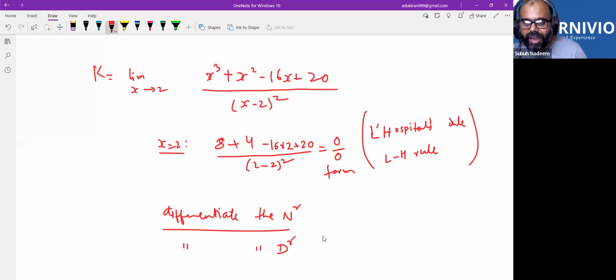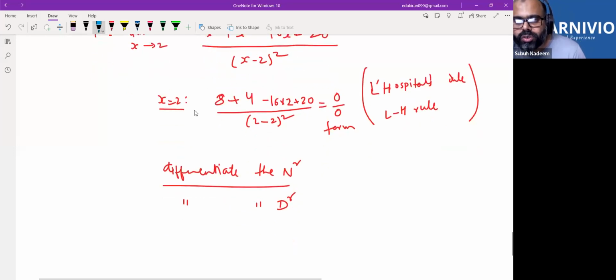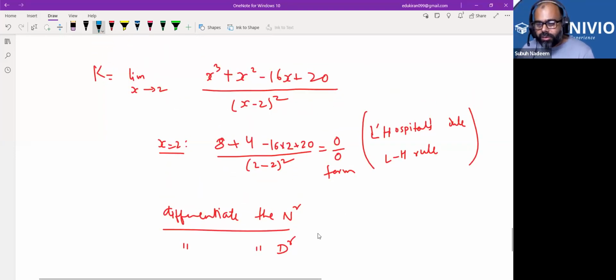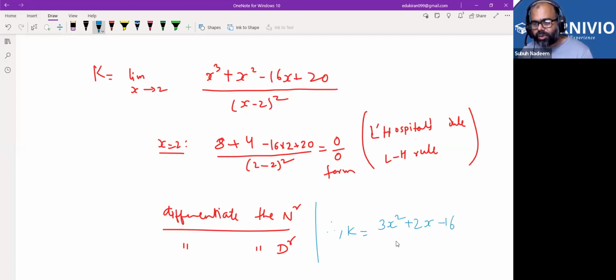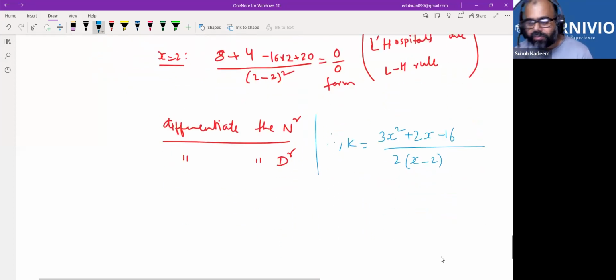If we differentiate the numerator, therefore k is equal to, differentiation of x cube is 3x square, and x square is 2x, minus 16x is minus 16, and 20 is 0. And here it will be 2 into x minus 2 into 1. So this is the derivative.